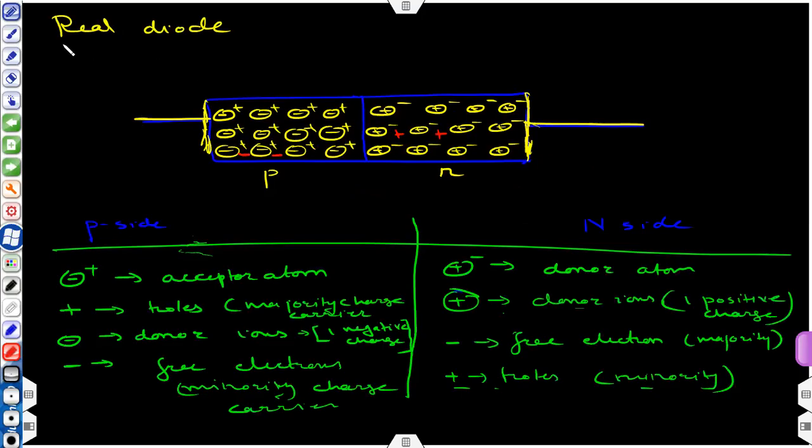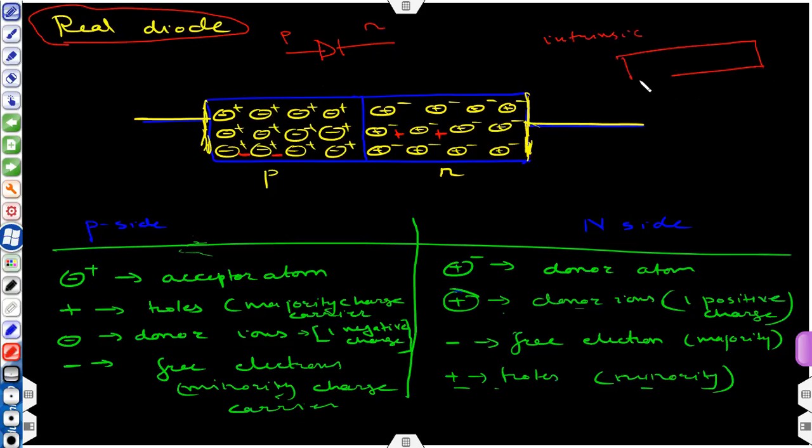Now moving to the real diode, because in practice we have to use a real diode. So this is the symbol of a PN junction diode. Intrinsic silicon is taken. Some portion is doped with p-type impurities, and the remaining portion is doped with n-type impurities. So this is how you fabricate a PN junction diode.